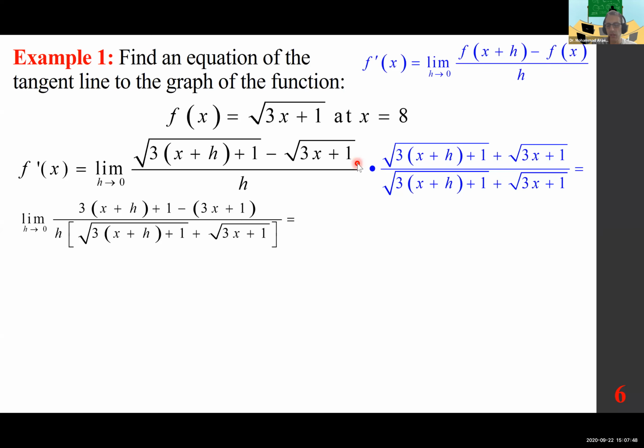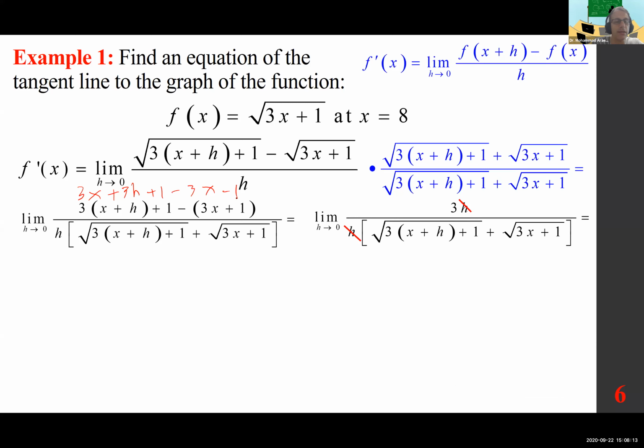Notice if you do the math, over here you have 3x plus 3h plus 1 minus 3x minus 1. So everything cancels out, and the only thing left is 3h.